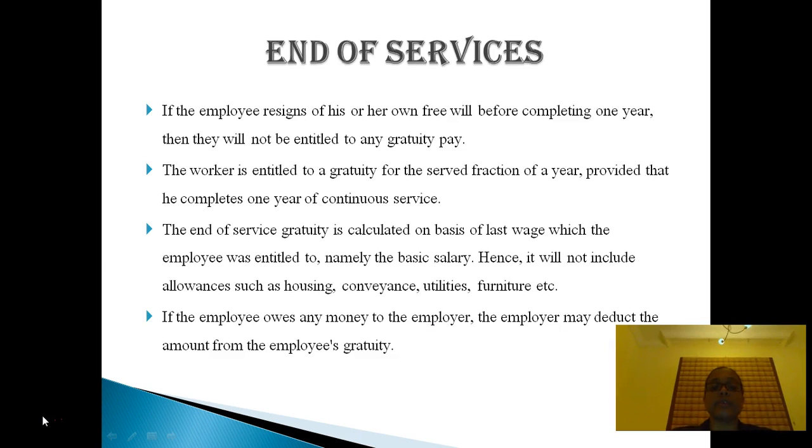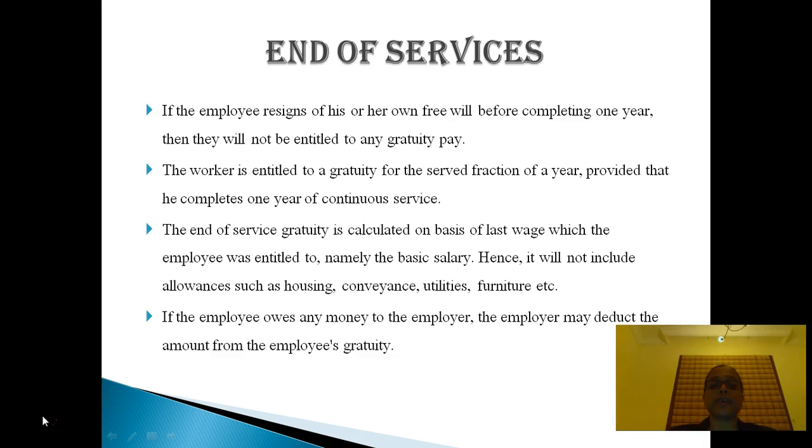End of service. If the employee resigns of his or her own free will before completing 1 year, they will not be entitled to any gratuity pay. The worker is entitled to a gratuity for the served fraction of a year, provided that he completes 1 year of continuous service.